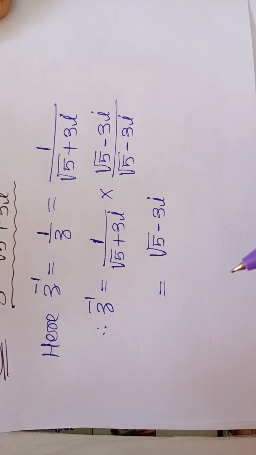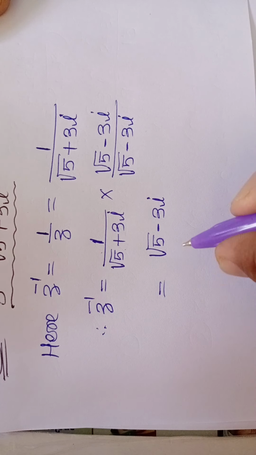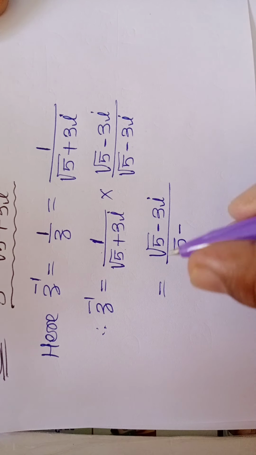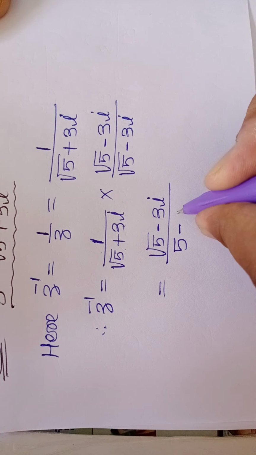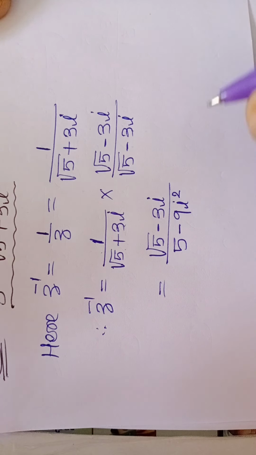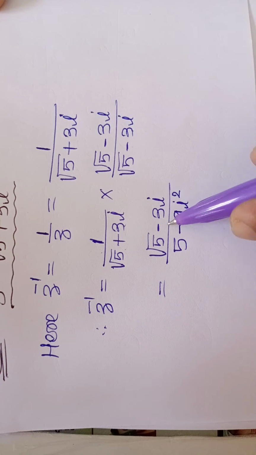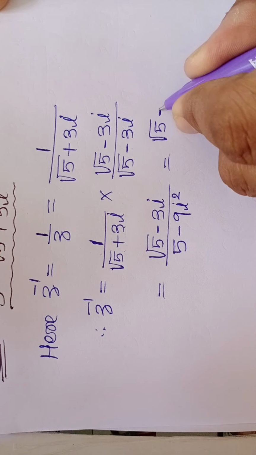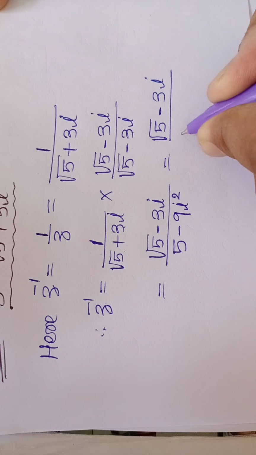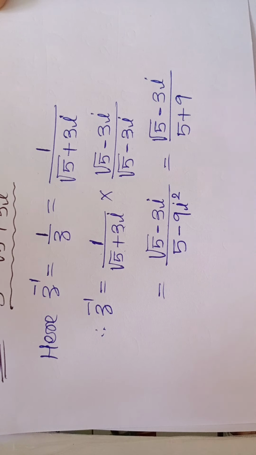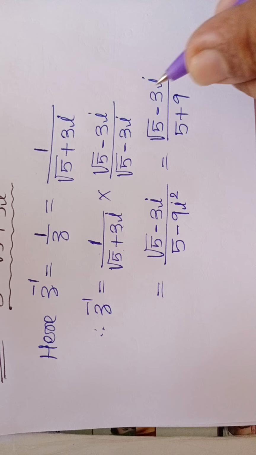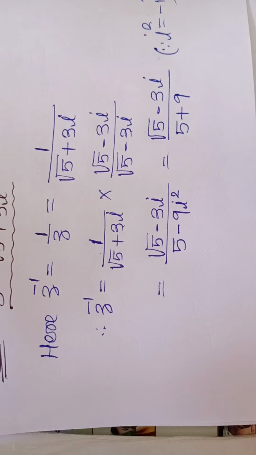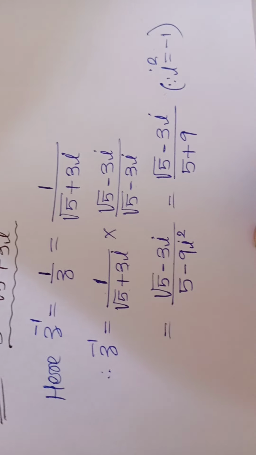Now in the denominator, root 5 into root 5 is 5, plus minus minus, 3 threes are 9i square. Remember that 3 threes are 9i square. What is this? This is root 5 minus 3i upon 5 plus 9. I just write it as i square is minus 1, the reason being that i square is minus 1. I think we know very well.